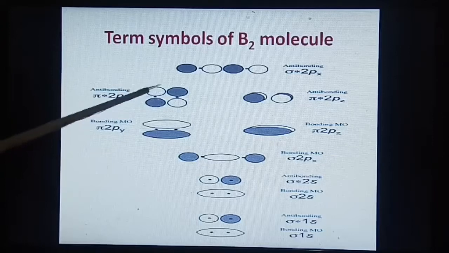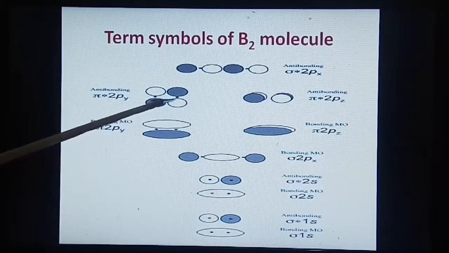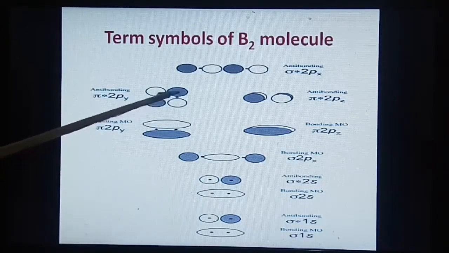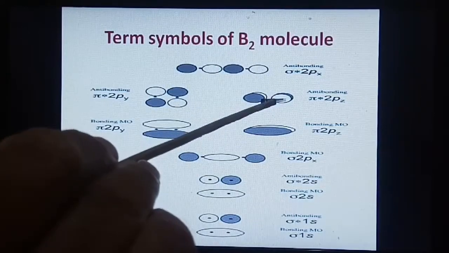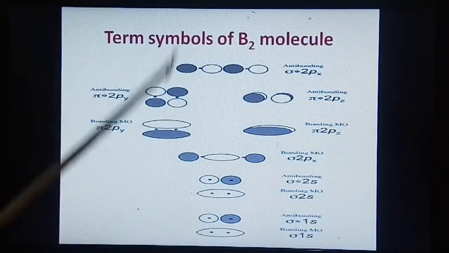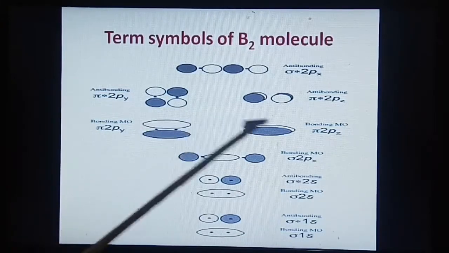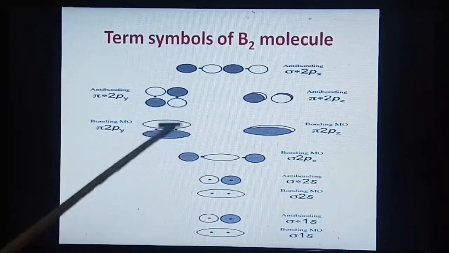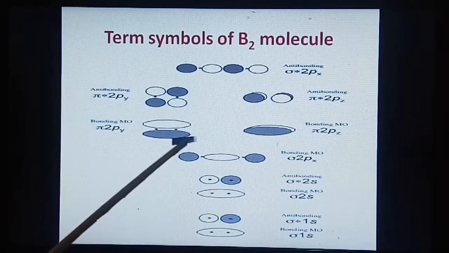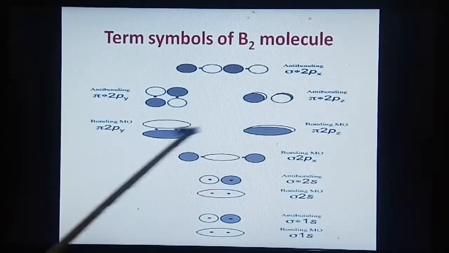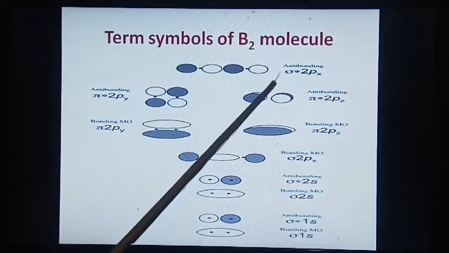Similarly, in this orbital, if this plane is taken, it is anti-symmetric, and if this plane is taken, it is symmetric. So if the electrons are present in these pi orbitals, they have the symmetry minus. Only in these two orbitals the symmetry will be minus.